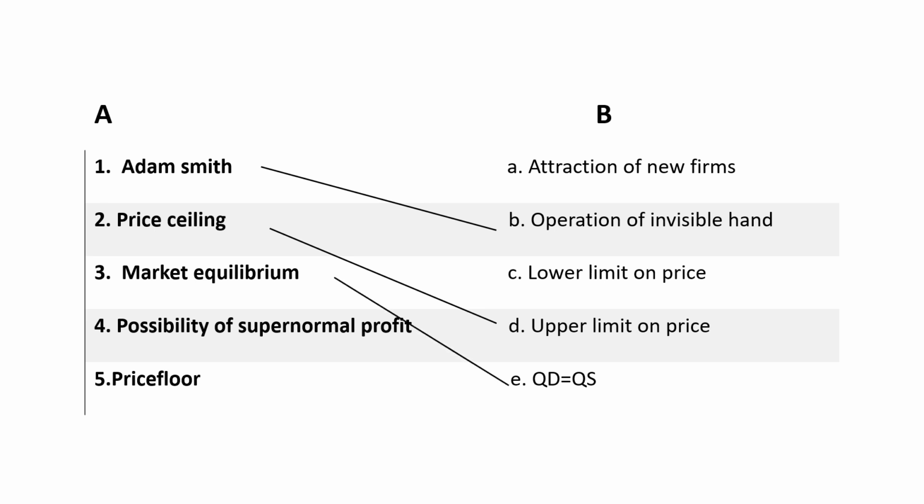Possibility of supernormal profit. When there is a supernormal profit under perfect competition, it attracts new firms into the market. Price floor, it is a lower limit on prices imposed by government for few essential goods.